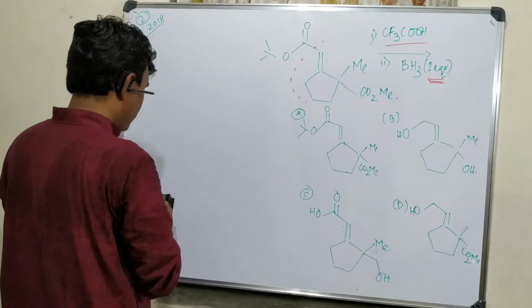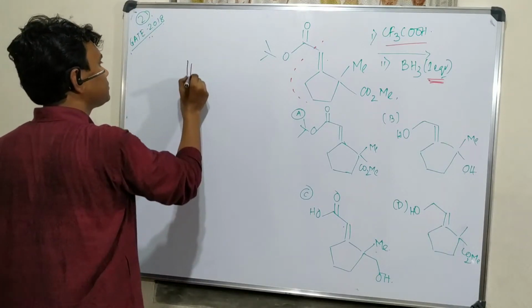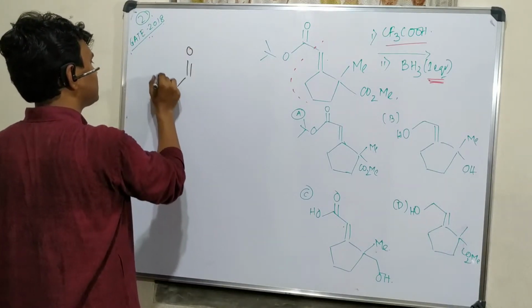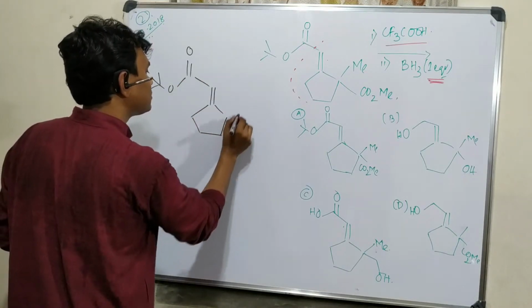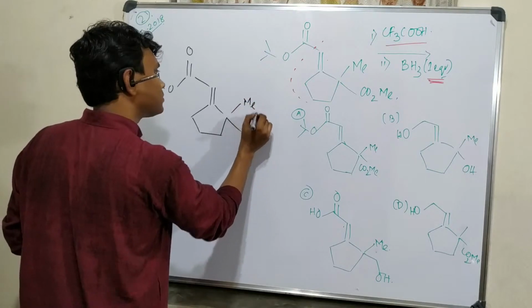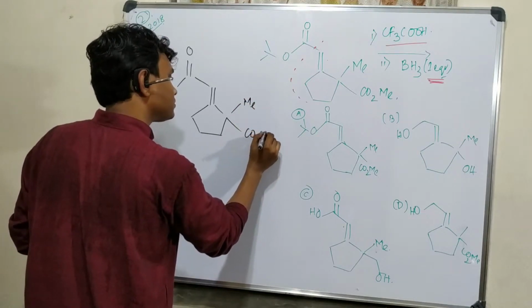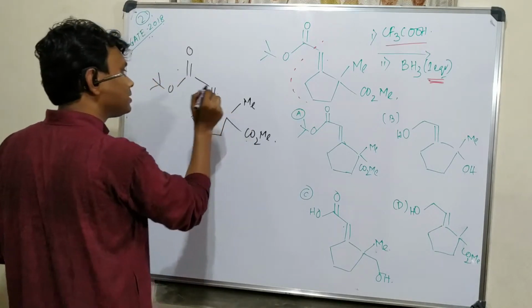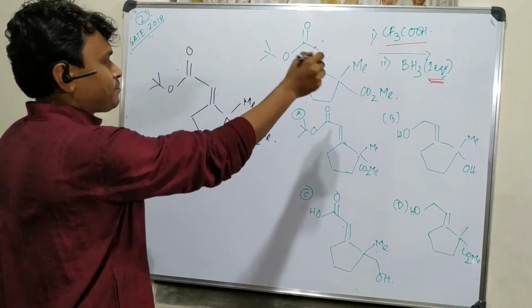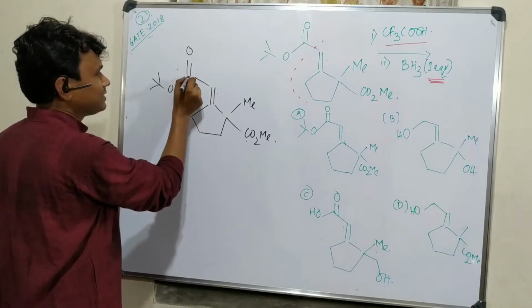First, I want to give you a priority. First this part, second priority this part, and third is the double bond. And here what is happening?